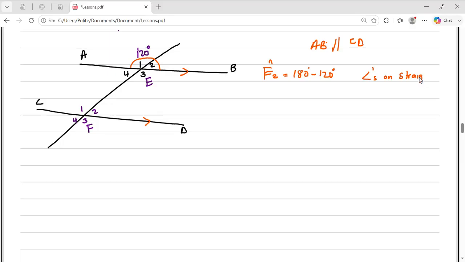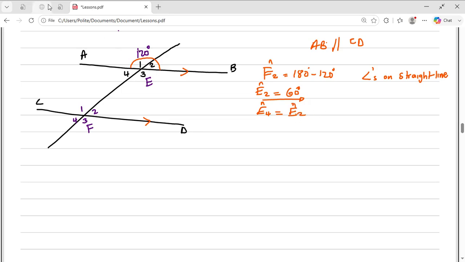Yeah. Okay. So now, angle E2 will be 60 degrees. Are you happy with that one? Yeah. Now, if E2 is 60, therefore, you can definitely say angle E4 will be equal to angle E2.